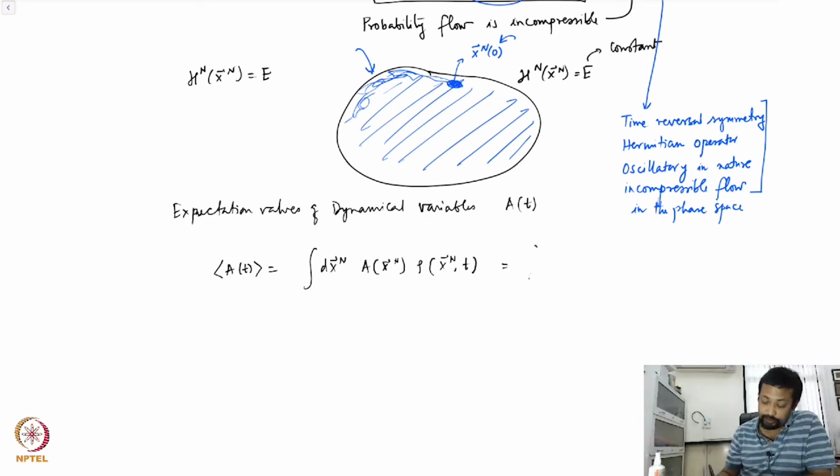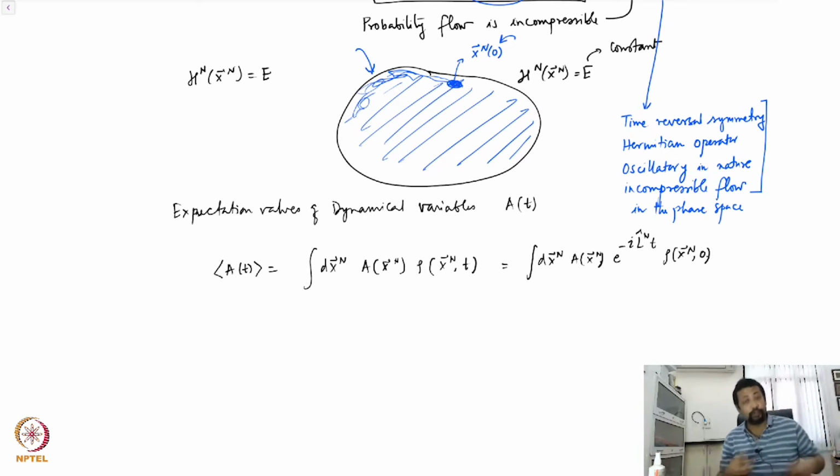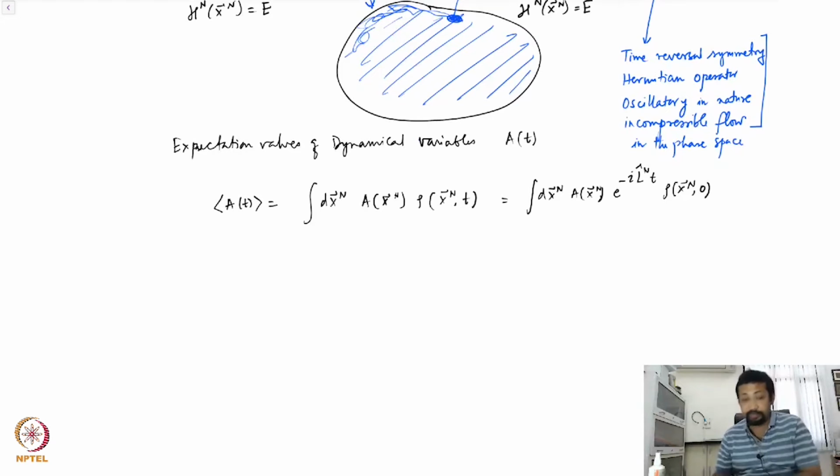Which is going to be d of xn, A of xn, e to the power minus I L hat n t rho of xn, 0. So this is kind of the Schrodinger picture where the operator does not carry the time evolution, but it's the probability density which carries the time evolution.